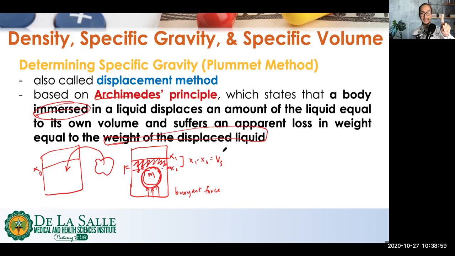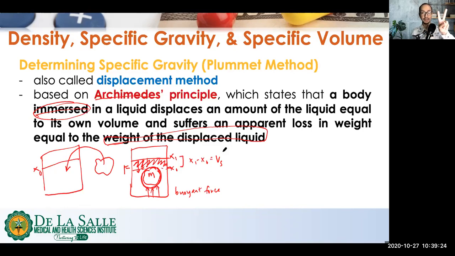One is that when an object is completely immersed in a liquid, the liquid will have a change in volume. The change in volume will be the same as the volume of the solid that is immersed in it. Or the displaced liquid will have a volume that is the same as the volume of the solid immersed in it.